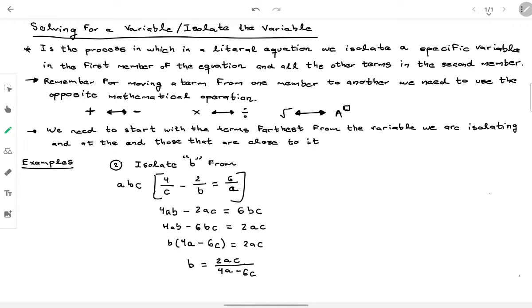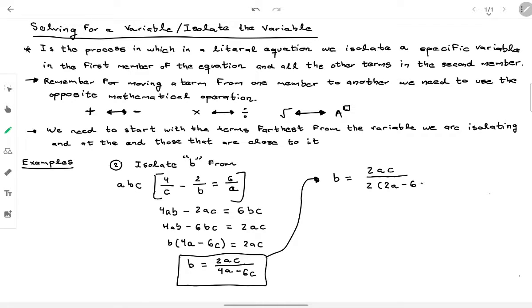After that, of course, this one can be an answer because we have already isolated the B. But we can also have another little process for simplification purposes. If in the denominator we take out a common factor, we can take out a number 2, and it's going to be 2A minus 6C.